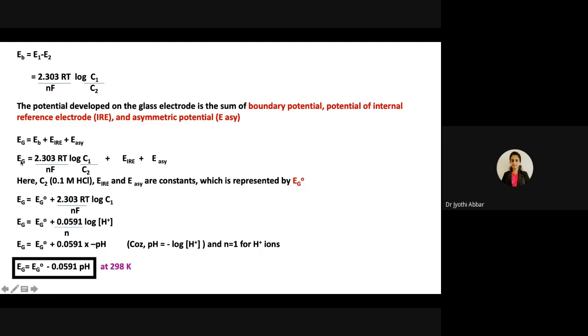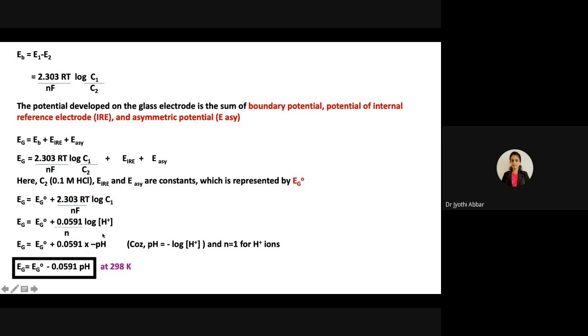So write down now: Eg is equal to Eg naught plus 2.303 RT upon nF log of C1. You got it, right? C2, E_IRE and the asymmetric potential are replaced with the new term Eg naught, as these three values are constants. Now Eg is equal to Eg naught plus, at 298 Kelvin, 0.0591 upon n log of C1, which is nothing but the H+ ion concentration.